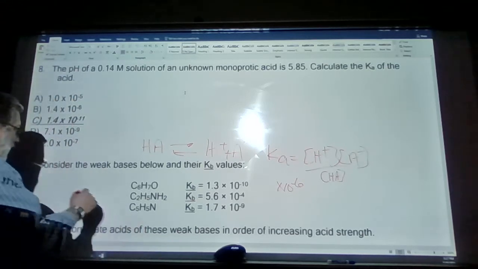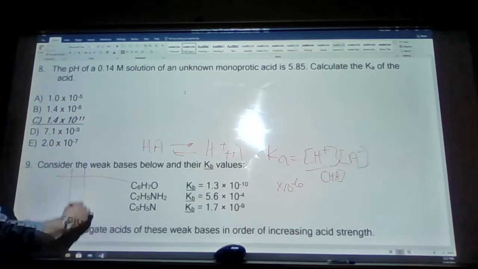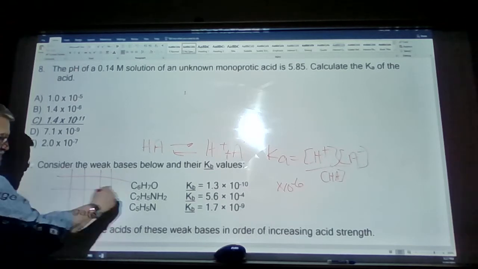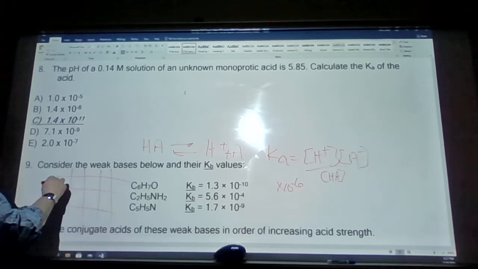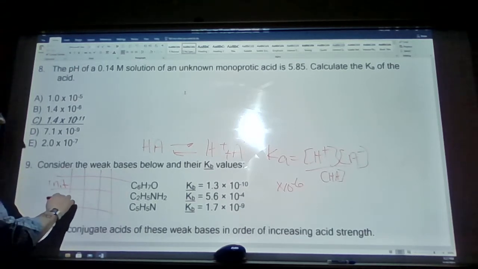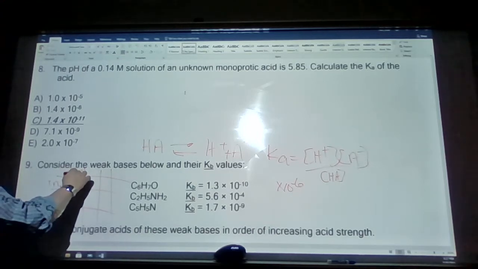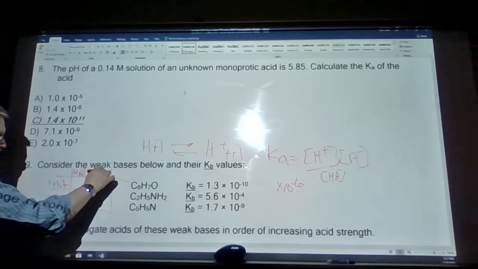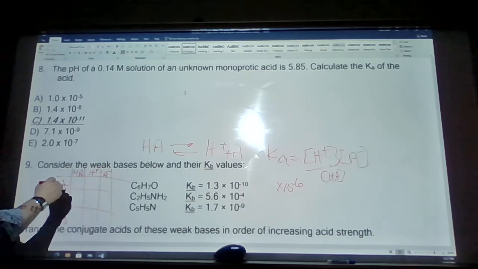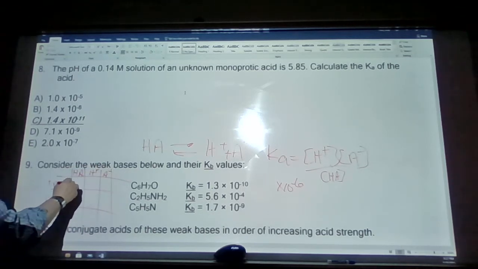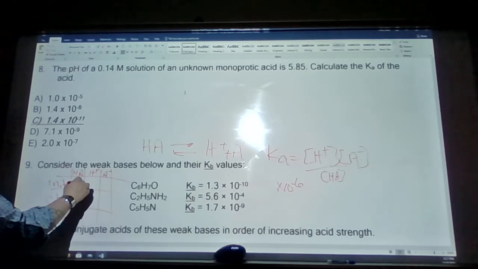If we create our ICE table: initial, change, at equilibrium; HA, H plus, A minus. Initially it is 0.14 molar.